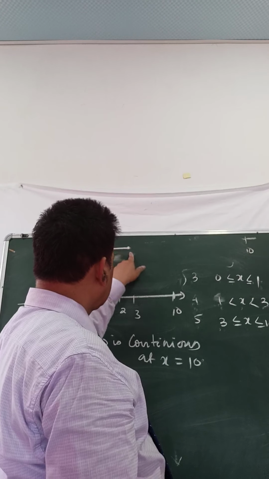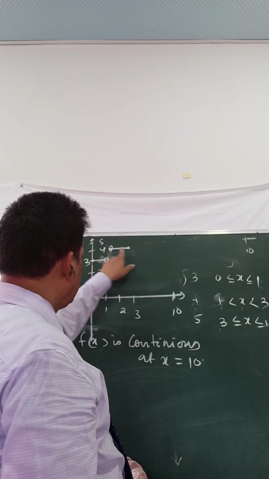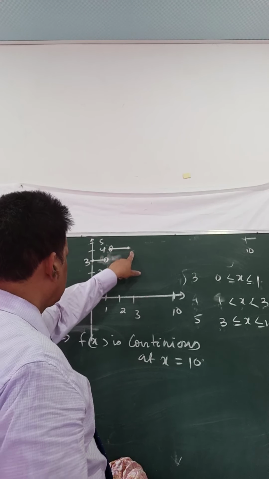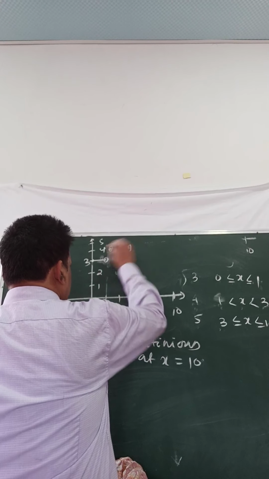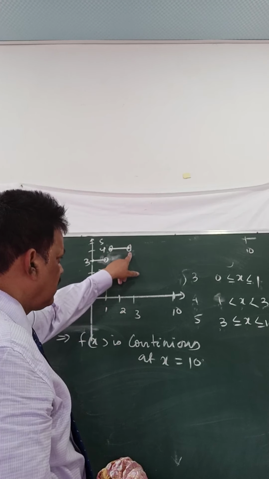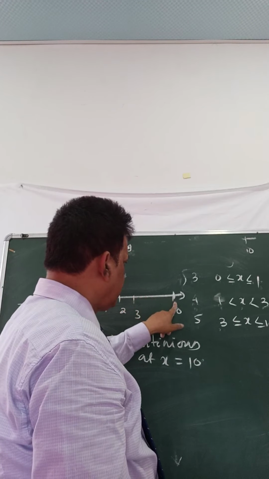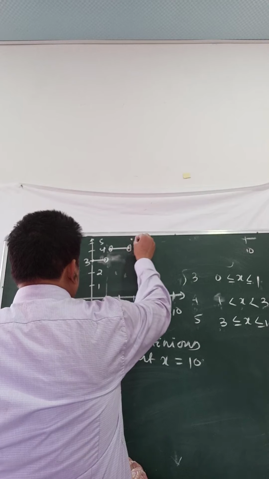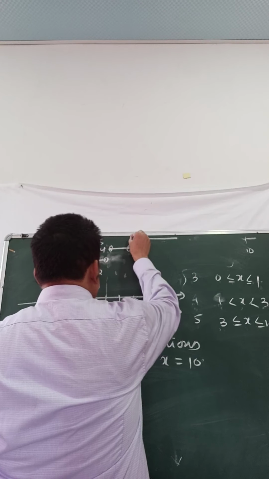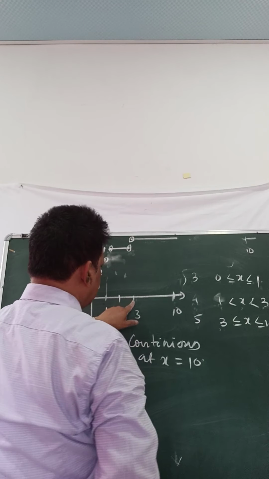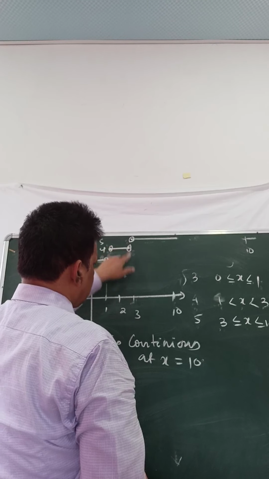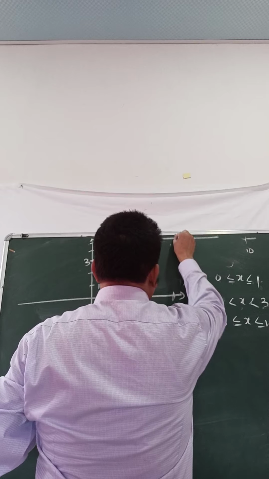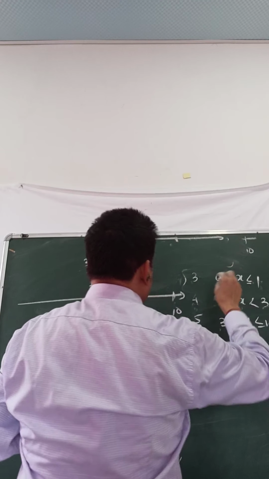The graph was continuous, but at 1 it was discontinuous, and at 3 it is also discontinuous, meaning this point is not taken. Again from 3 to 10, the graph is continuous. At 3 it is discontinuous, but at 10 it is continuous, so it continues like that.